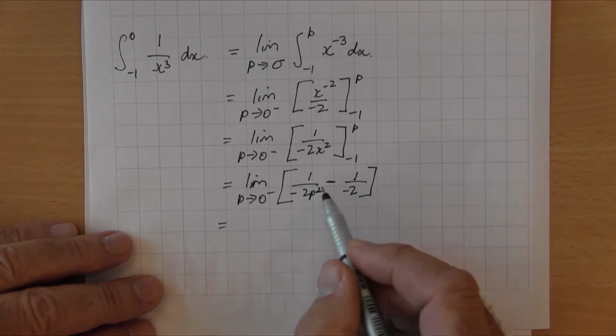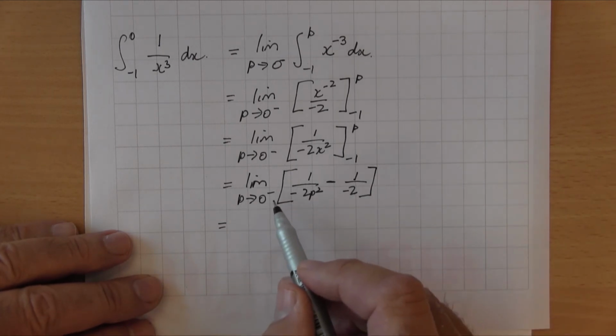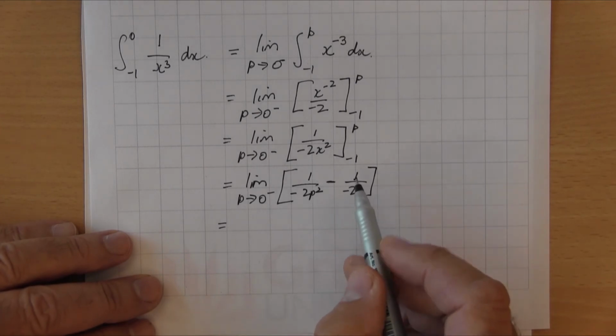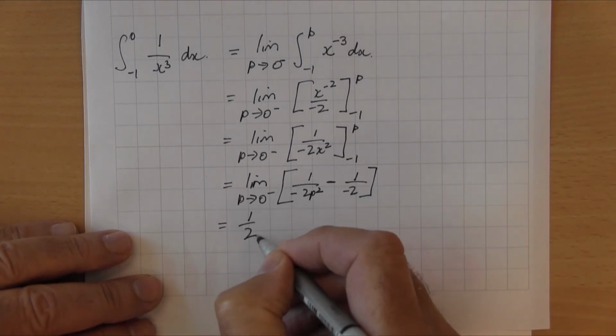Now we can do our substitution for p approaching 0. This term is going to stay the same, so minus minus a half will become a half.